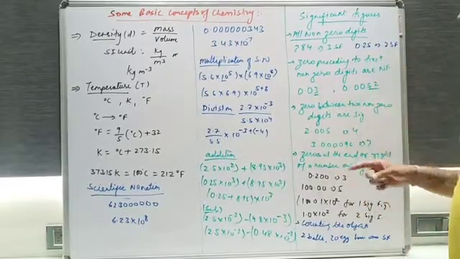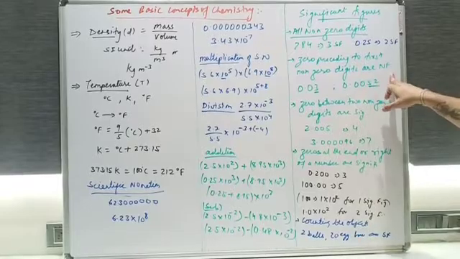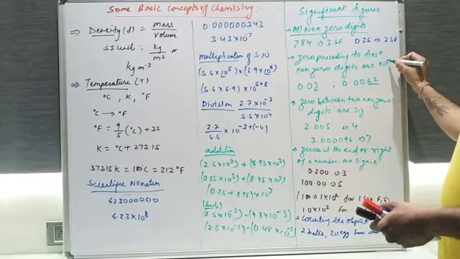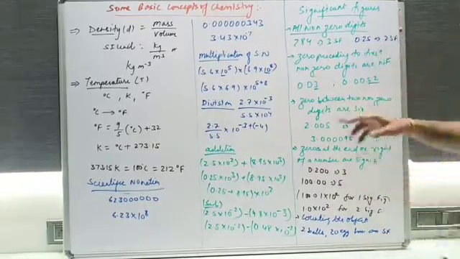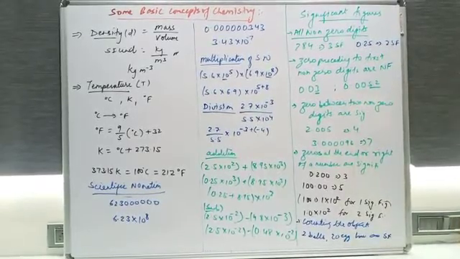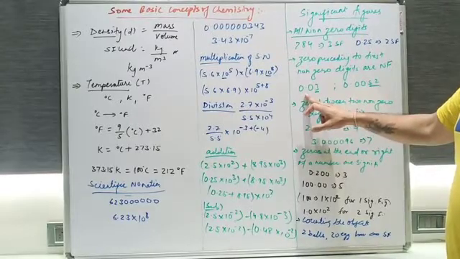Now coming to the second point: zeros preceding the first non-zero digit are non-significant. NS means non-significant; I have a shortage of space, that's why I have used short forms. So zeros preceding the first non-zero digit are non-significant. Here see, there is a digit and before that a 0 is coming. Are you getting me?